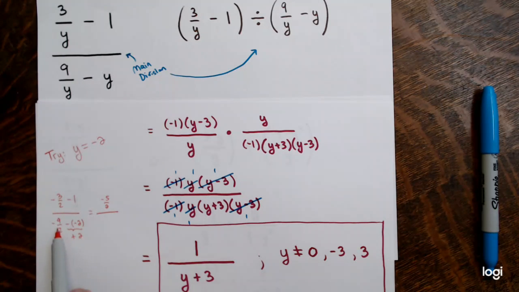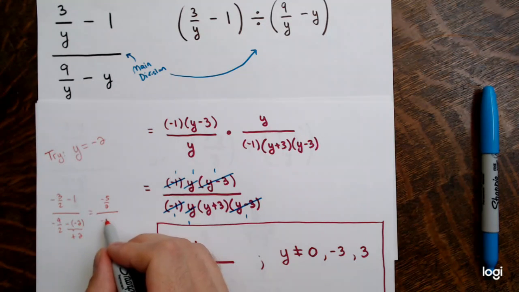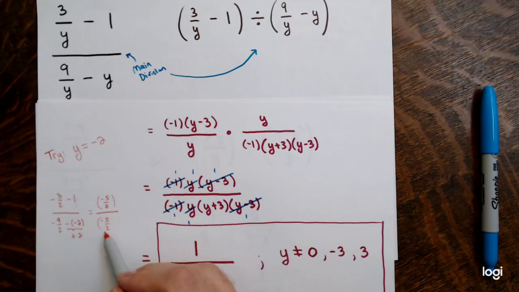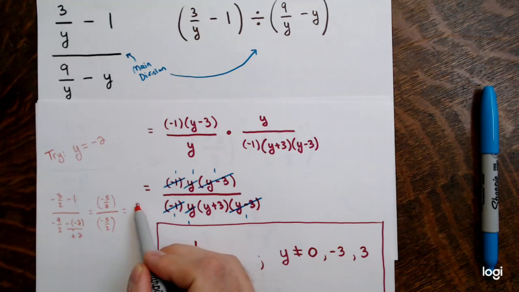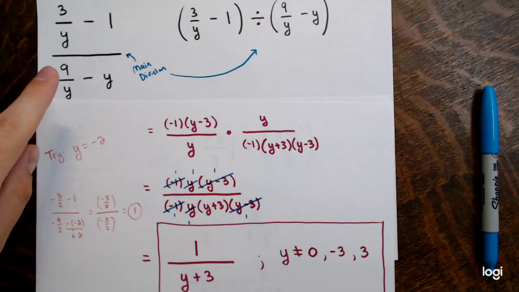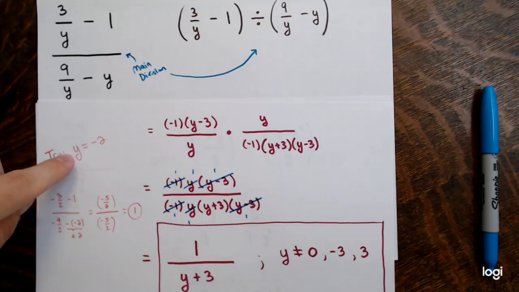You get a common denominator, which would have to be 2. That'd be negative 9 over 2 plus 4 over 2, which would be negative 5 over 2 again. And anything divided by itself is positive 1. So the value of the original expression is positive 1 when y is replaced with negative 2.